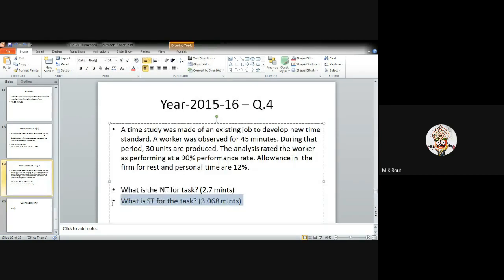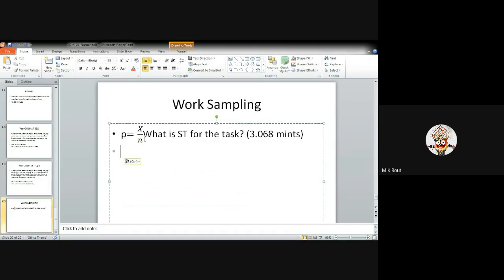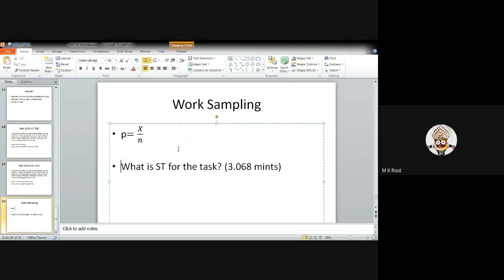The next, write down P plus Q equals 1. Next formula, that is P plus Q equals 1. And under that write down Q stands for probability of no occurrence.